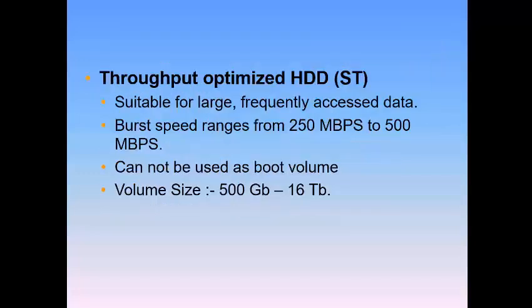Throughput optimized is suitable for frequently accessed, large data, but a little costlier as compared to cold HDD. But this also cannot be a boot volume. Size is the same as cold HDD, 500 GB to 16 TB. I think you got the difference now: infrequent access is cold HDD, frequent access is throughput optimized HDD.